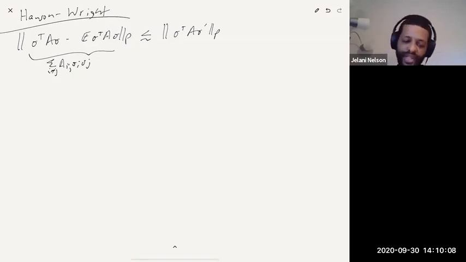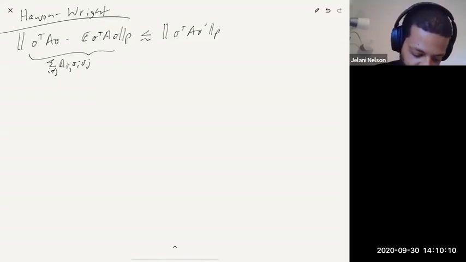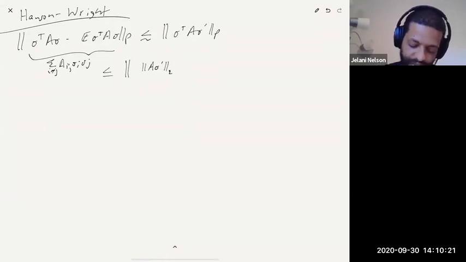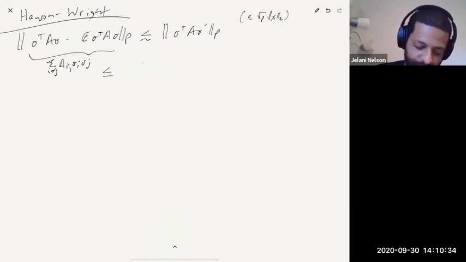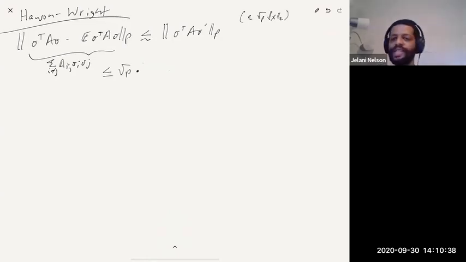I can apply Khinchin's inequality, and Khinchin says that this is at most basically the p norm of A sigma prime. Actually, let me do this a little more carefully. Normally this would be at most root p times the L2 norm of x, right? So this is at most root p times the L2 norm of A sigma prime.